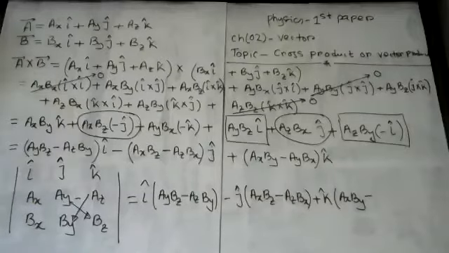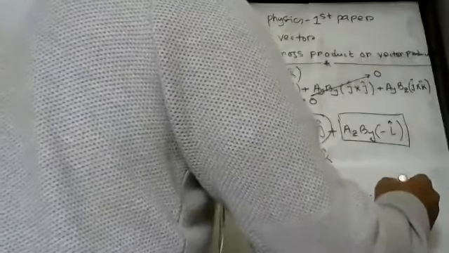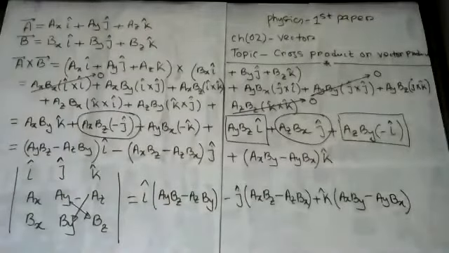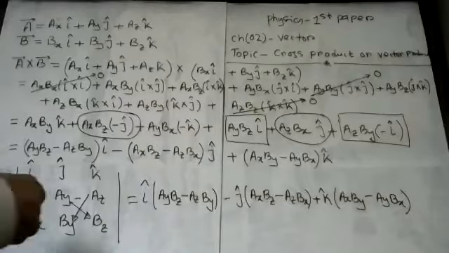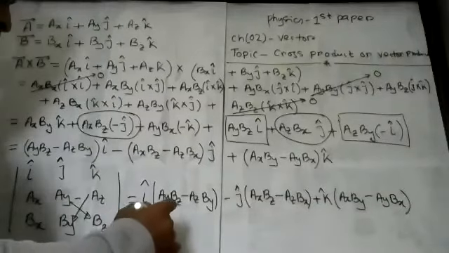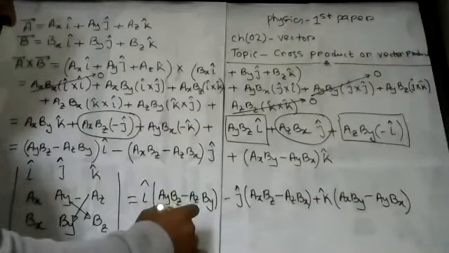So the output from this determinant will equal vector a cross vector b.